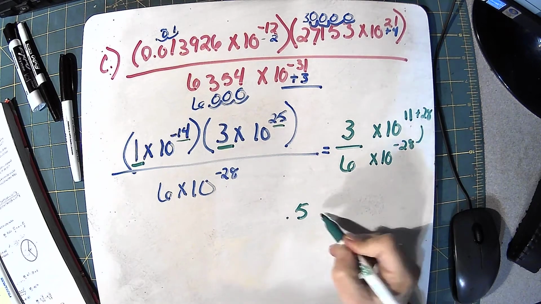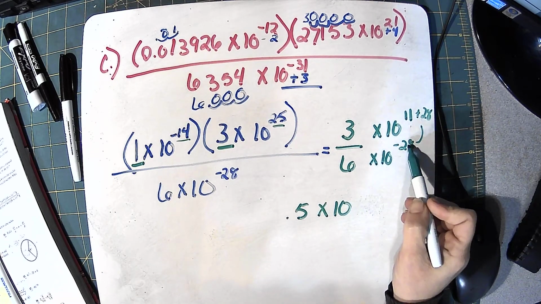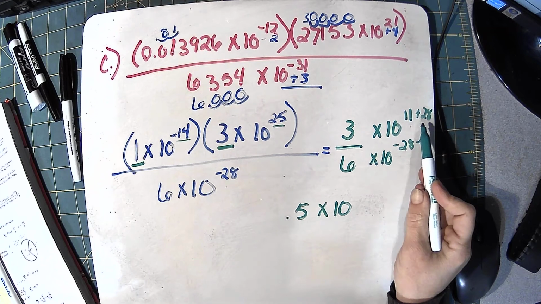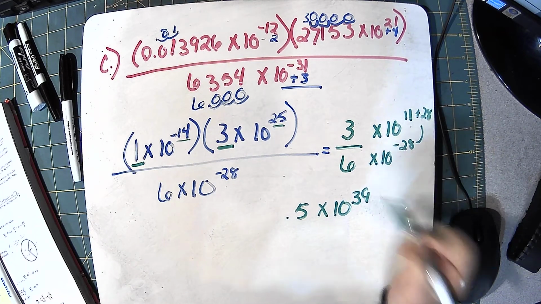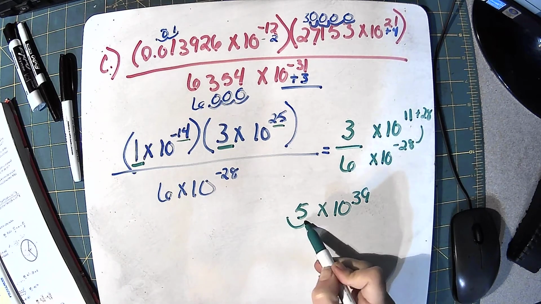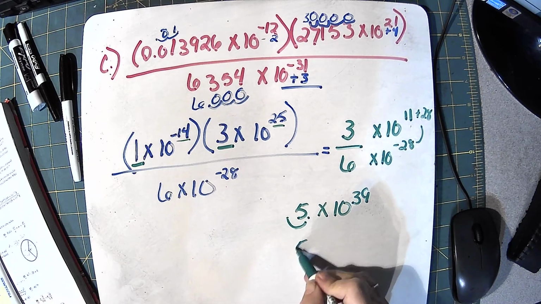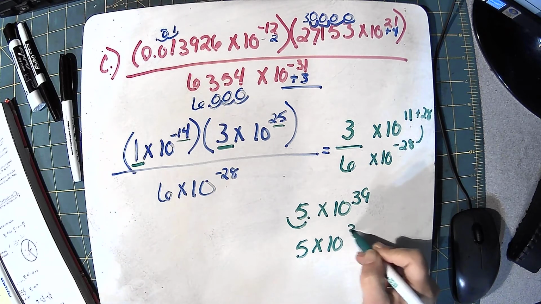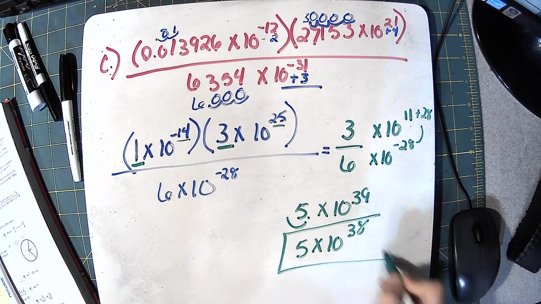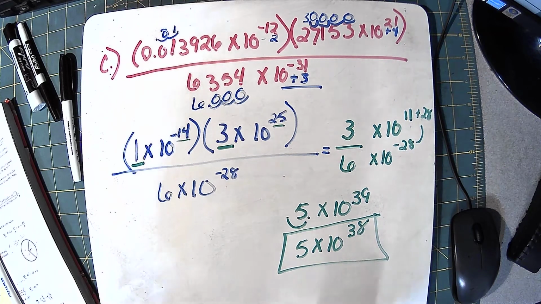Okay, times 10 to the 39. And then we have to move that 1 that way. So it will be 5 times 10 to the 38. And there is the answer to that one, 5 times 10 to the 38. You don't round it until after you've already set your decimal.